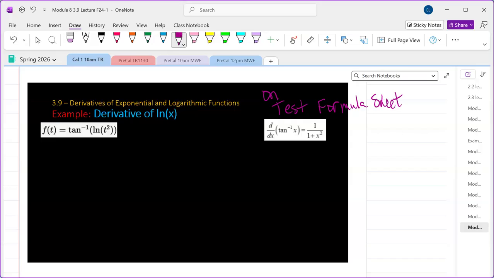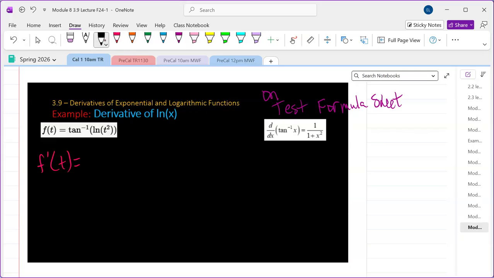All right, so we're going to do our derivative here. Just write f prime of t. So the derivative of tangent inverse of x is 1 over 1 plus x squared. Or tangent inverse of thing is 1 over 1 plus thing squared, and then times the derivative of thing.